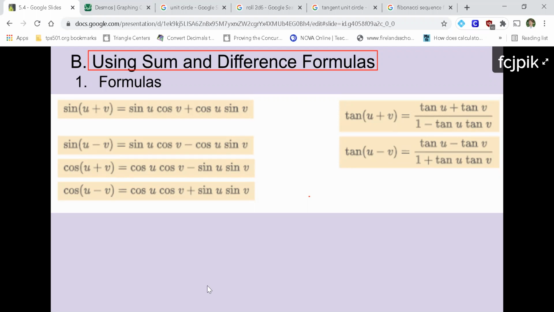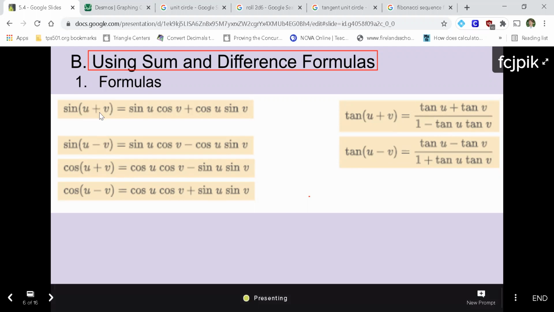And again, this is another set that ideally by the end of this class, you have these memorized. There is a pattern to how they're written. So the sine of u plus v or u minus v is just sine, cosine, cosine, sine, and then usually put plus or minus.